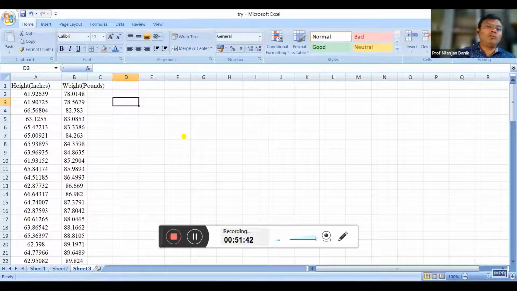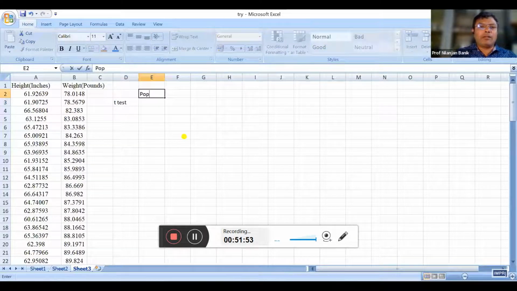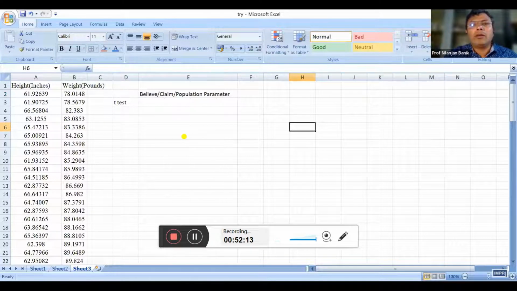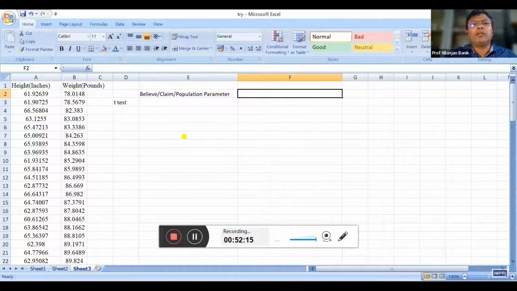The formula for the t-test in the case of a one-tail test has the belief, or the claim, or the population parameter, and we also have the sample.